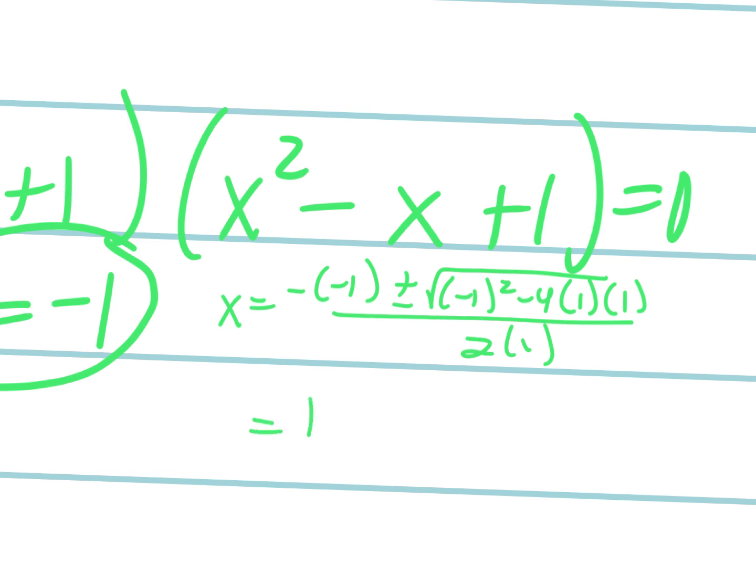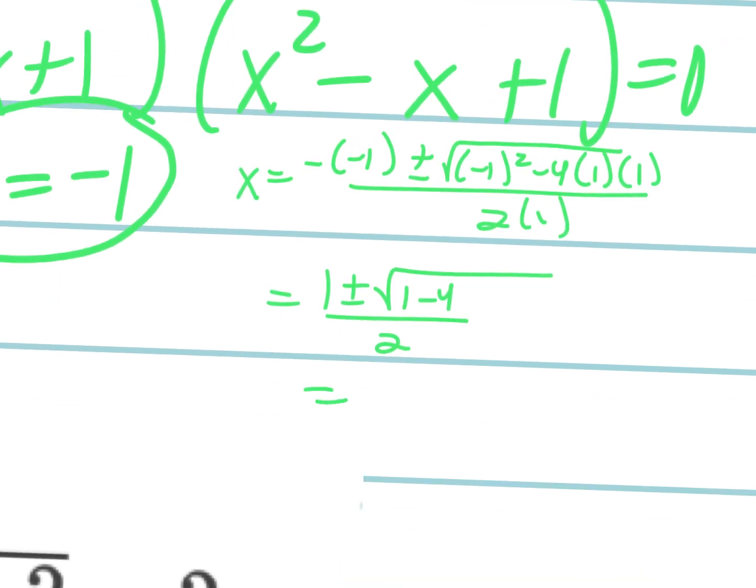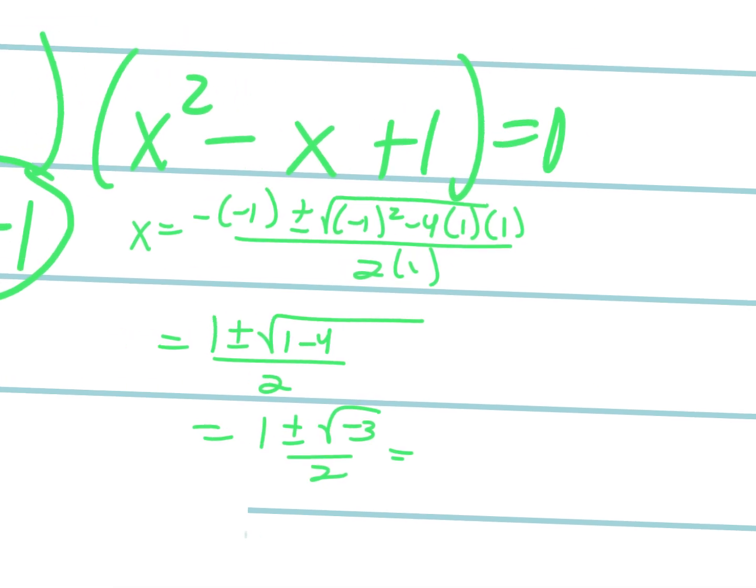So as we simplify, I have 1 plus or minus the square root of negative 1 squared is 1 minus 4, all over 2. So simplify a little more: 1 plus or minus the square root of negative 3, over 2. Again, I see a negative underneath, so I have to take out that i. So I have 1 plus or minus i square root of 3, over 2. And those would be my other 2 answers over here.